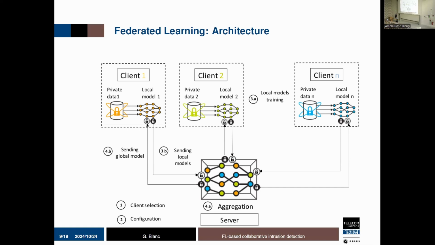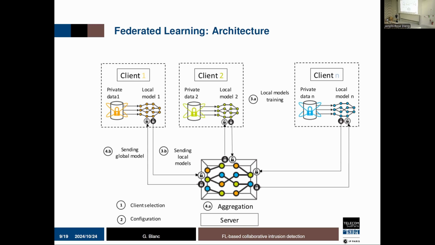It's not like I have a single data set of captured traffic that I'm going to split. Here, each client comes with its own local data set. For example, in an anomaly detection use case, they come with their own representation of what is normal traffic in the system. They train a local model and then send some information.